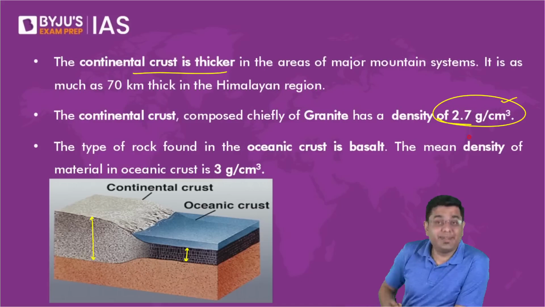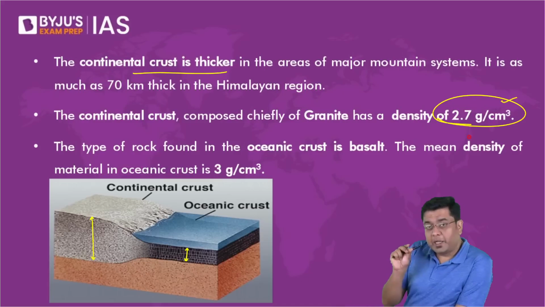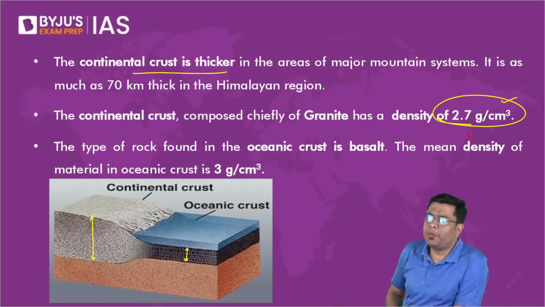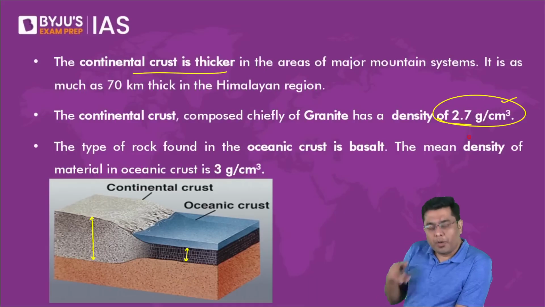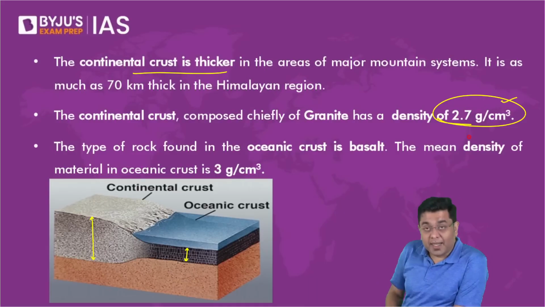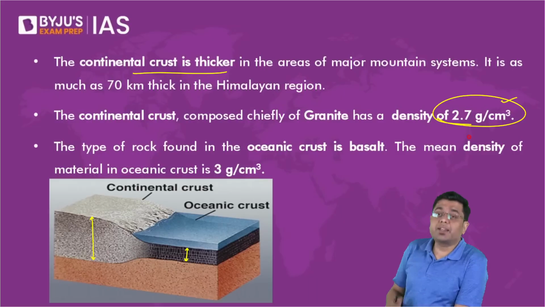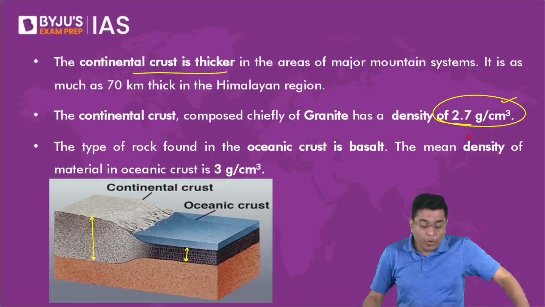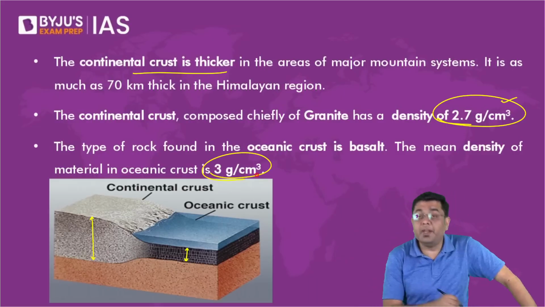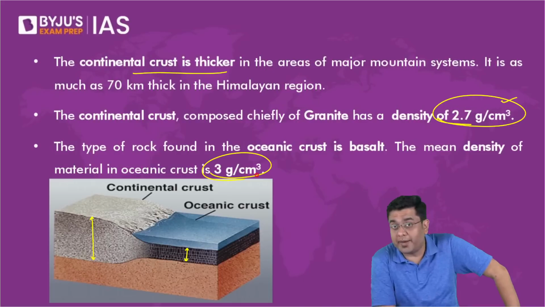So that is the density. Every centimeter cube weighs around only 2.7 grams. Whereas in the case of the oceanic crust, which is dominated by magnesium, iron, and silica, etc., oceanic crust has got a greater density. 2.9 to 3 gram per centimeter cube is the density of the oceanic crust.